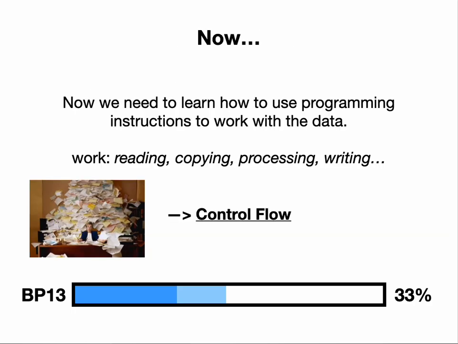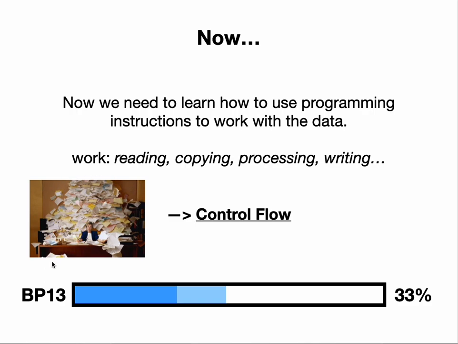For now, we need to learn how to use programming instructions to work with the data. We have used quite a few of them in the examples, but I'm going to give you a little bit more details about them. And remember, one of the aims of BP13 is to avoid this kind of situation.